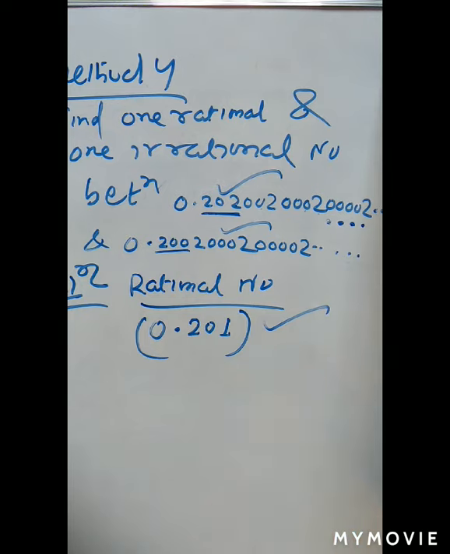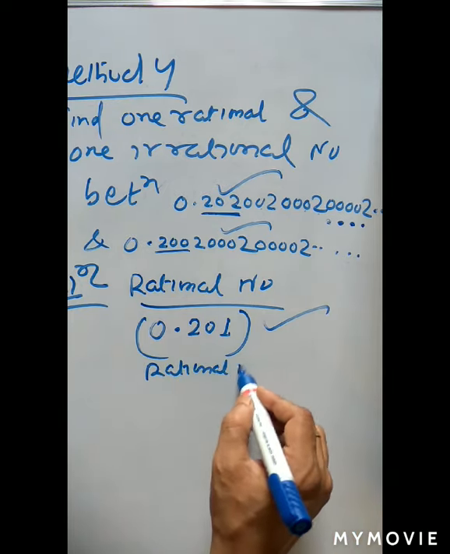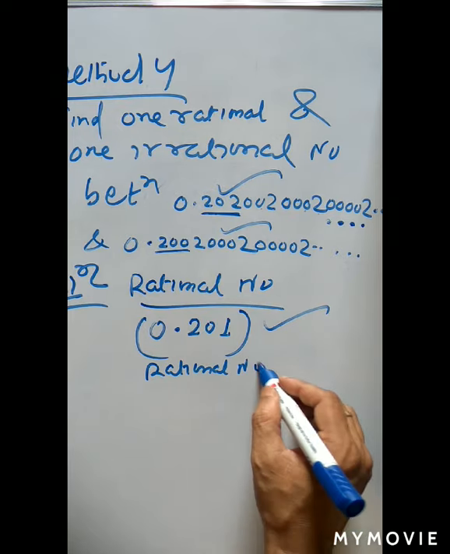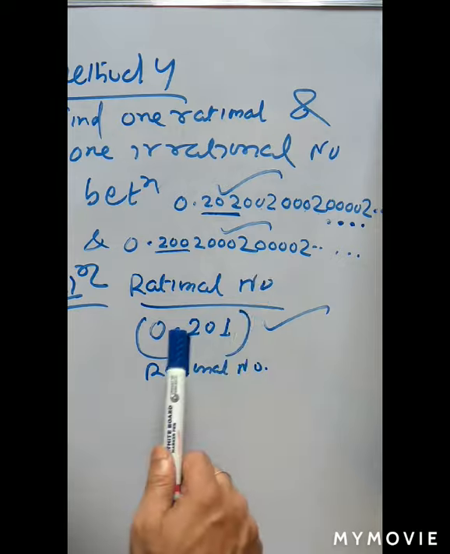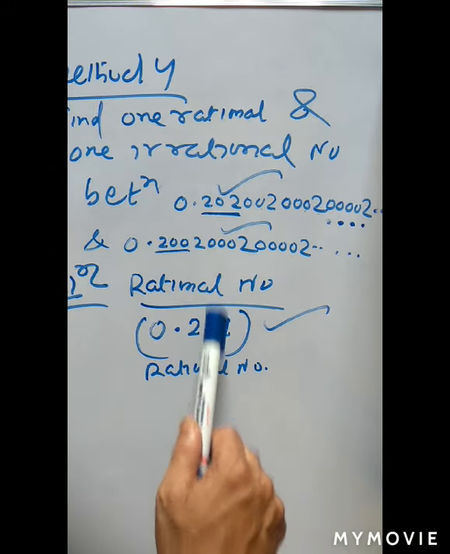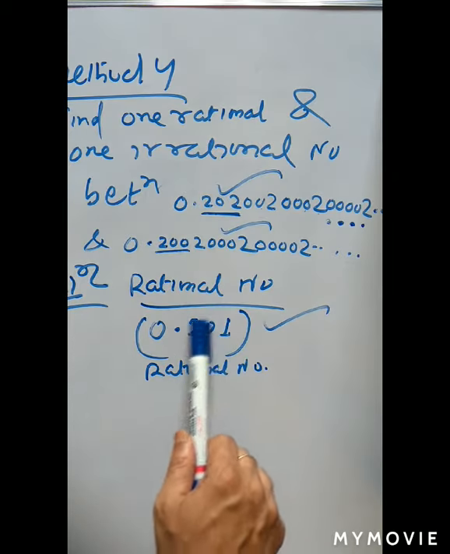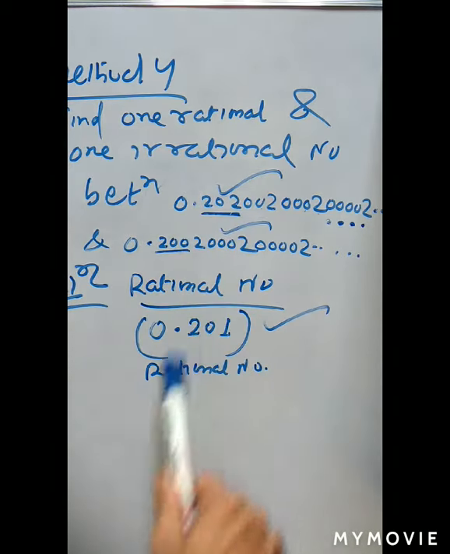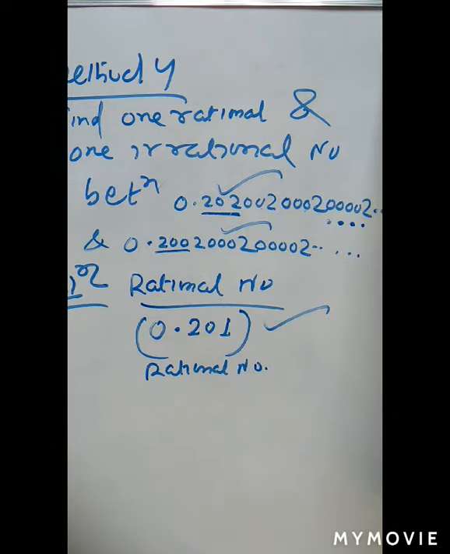So this is definitely a rational number. Here 0.200 and 0.201, definitely this is greater than this, and this is 0.202, this is 0.201, definitely less than this. So this is a rational number lying between these two. Clear?